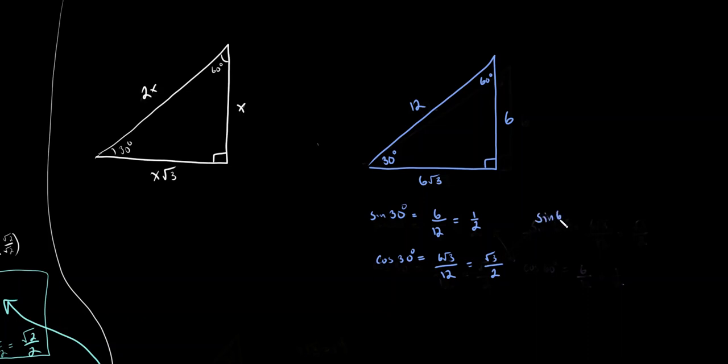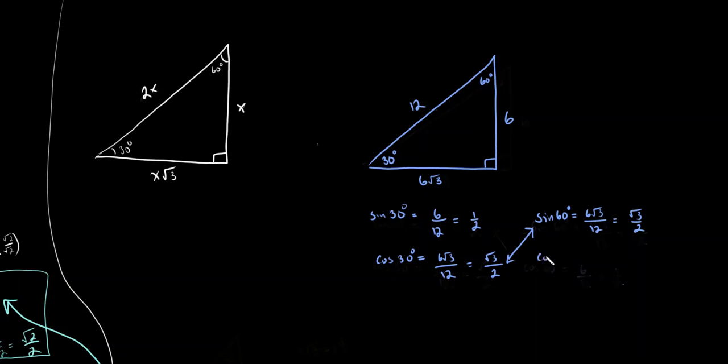So let's talk about sine of 60. And sine of 60 would be opposite, 6 root 3, over hypotenuse 12, which is root 3 over 2. And right away, there's a relationship. Sine of 60 and cosine of 30 are the same.